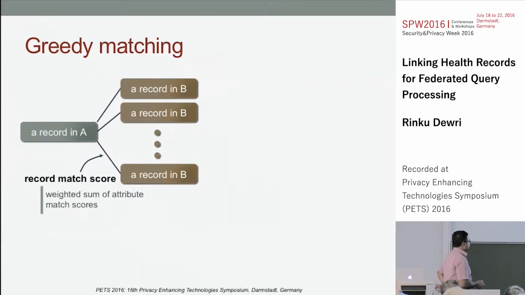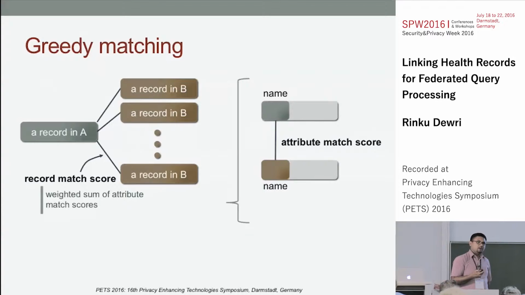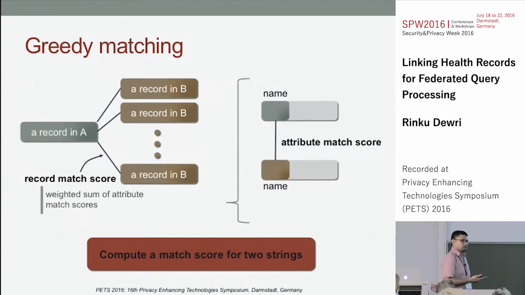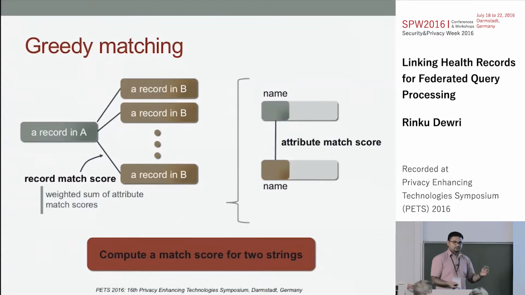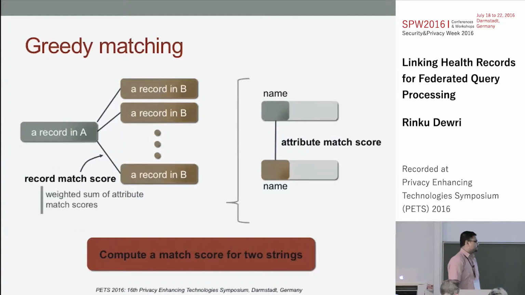That score is computed using a weighted sum of scores computed on the attributes themselves. So you also need a method to compute the similarity between an attribute in the records, for example, how to compare the name in one record with the name in a record in B. So we want to compute scores for two strings: how similar two strings are. That's where it boils down to.